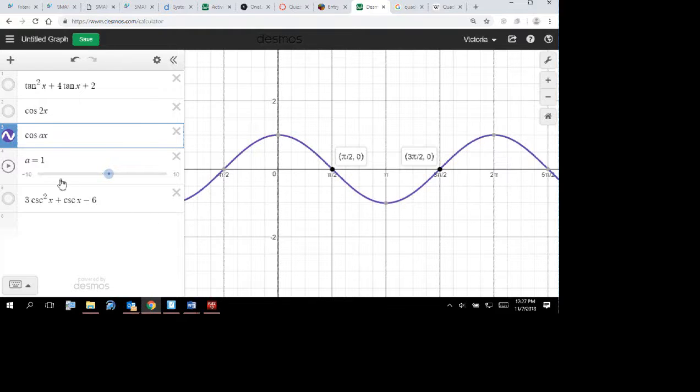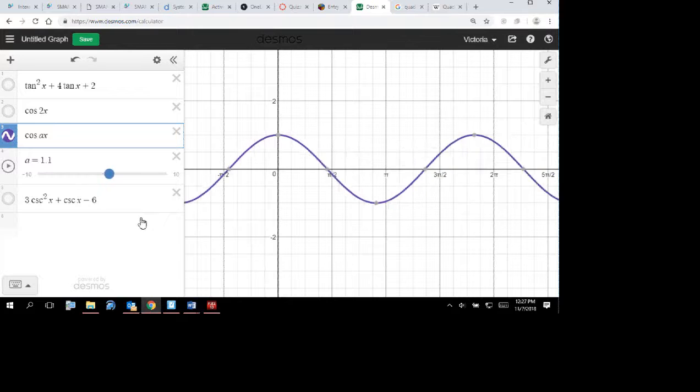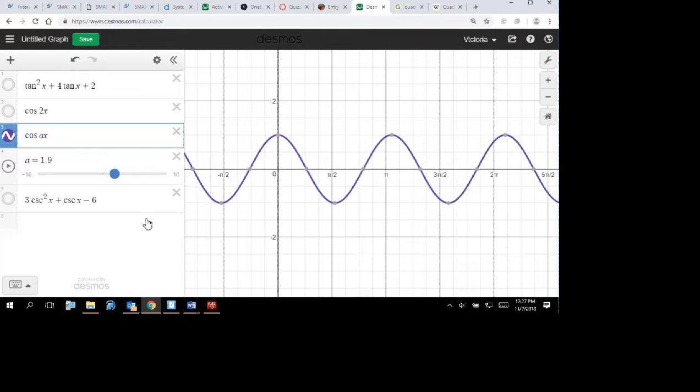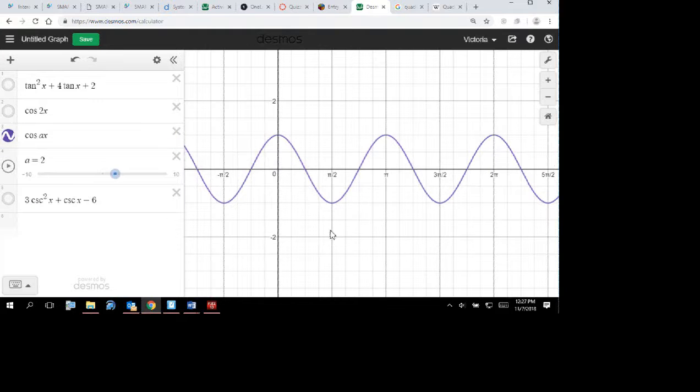And then if we put a horizontal shrink factor of a half, we now have 2 cycles squeezing into 2 pi. We have 4 answers. And what did you decide about the denominator?